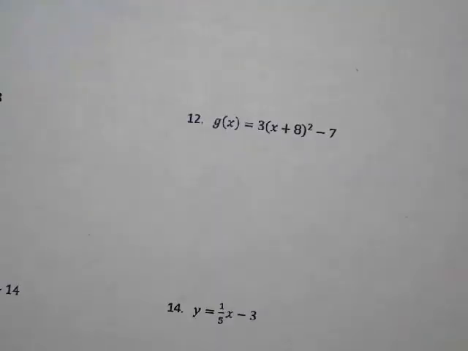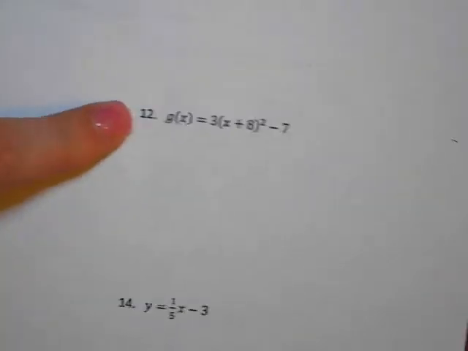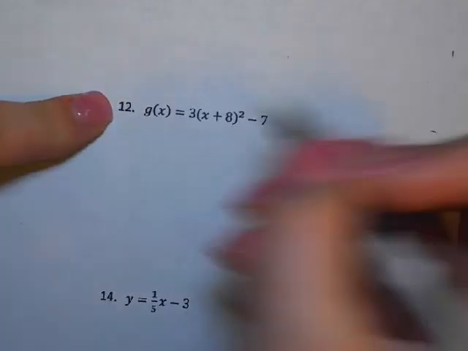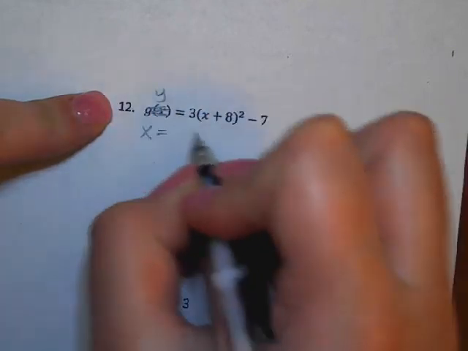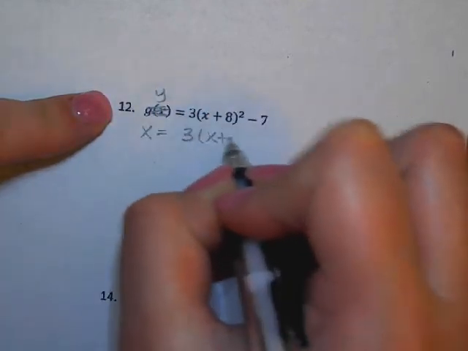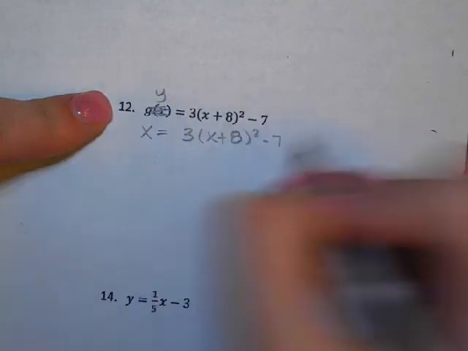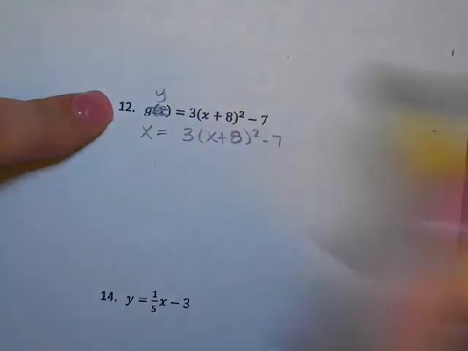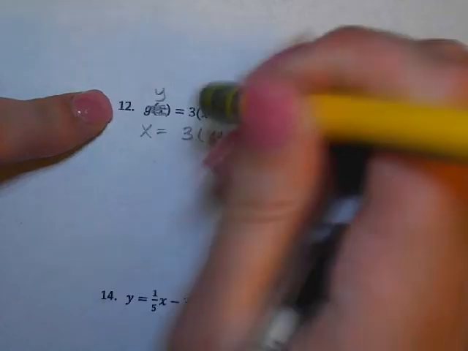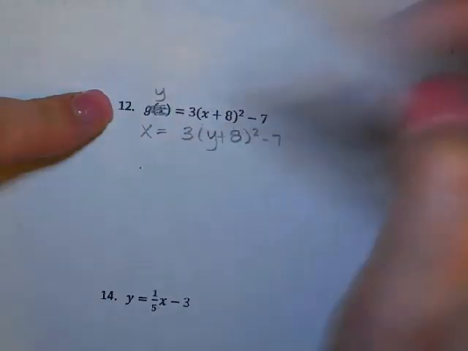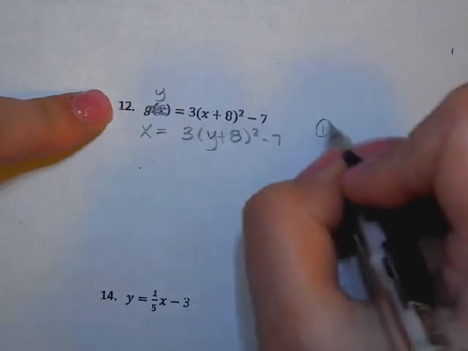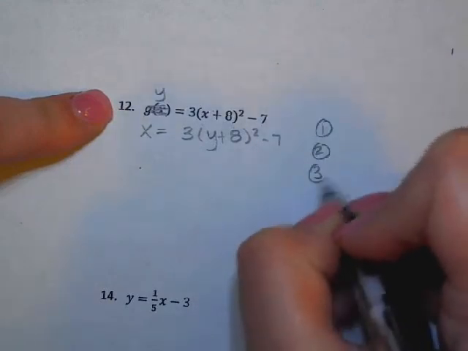All right, let's go ahead and do number 12. So first, I'm going to think of this as y. First, I'm going to trade my x and my y. Forgot to make that a y. All right, so after that, we go ahead and we do order of operations backwards.